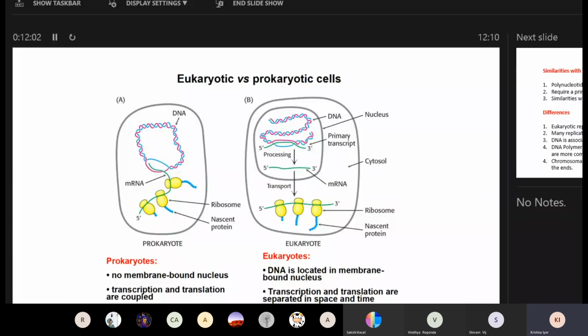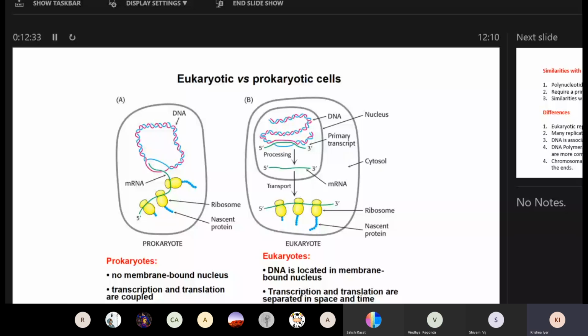Many of these processes occur in the nucleus, and only after that, when the mRNA comes into the cytosol, can protein synthesis begin. This means that transcription and translation are actually separated in space and time. Both occur in different locations, and transcription always occurs first, followed later by translation.